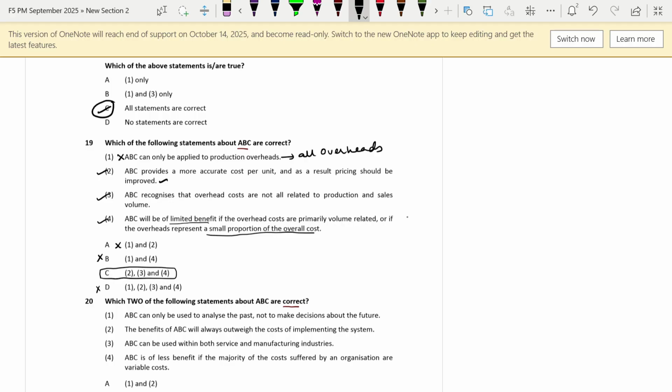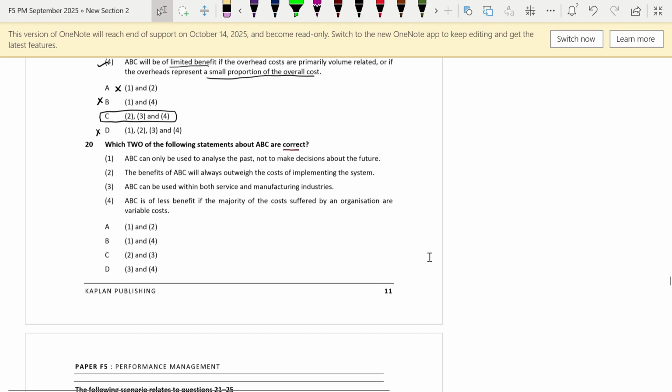Is it clear? Okay. Next. Statement 3 is correct.